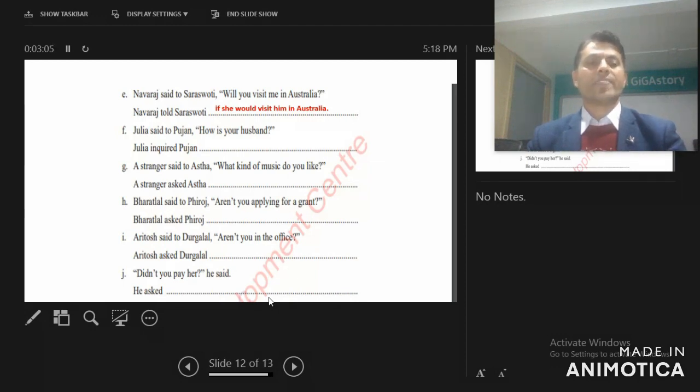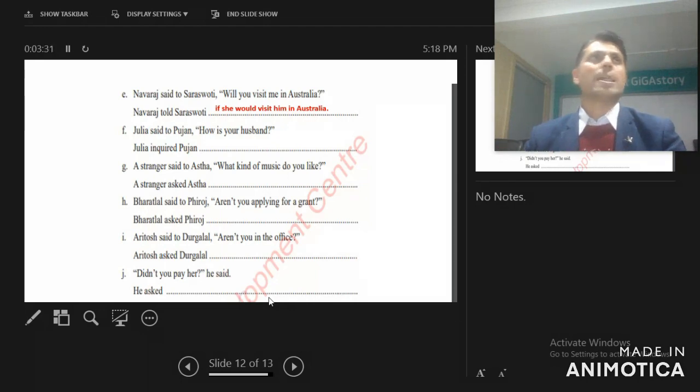Look at number F. Julia said to Pujan, how is your husband? Here said to changes into inquired. Julia inquired Pujan. Even we can write asked here, no matter, but here inquired is given, and this is also right. Either you can write inquired or asked.